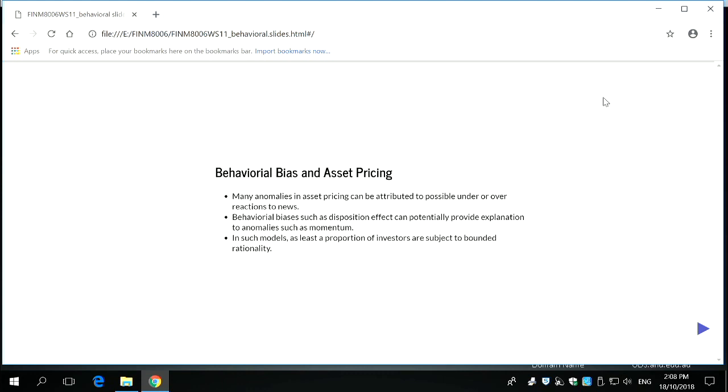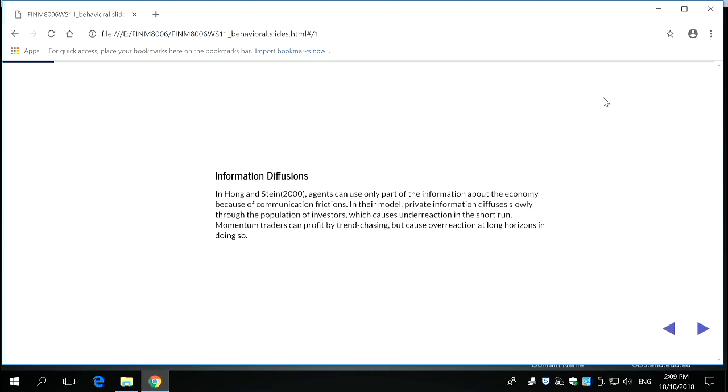As we talked about, in order to not have the smart investors arbitrage away all these anomalies, we need some kind of limit to arbitrage.